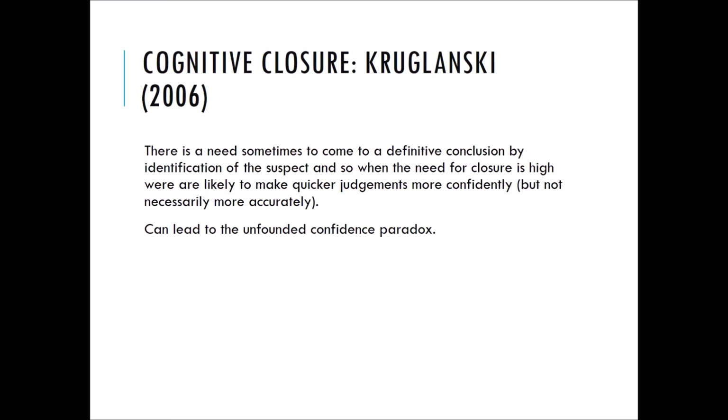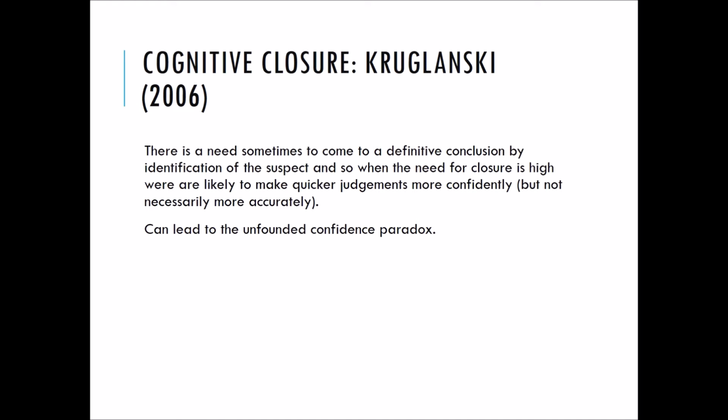So this piece of research essentially looks at the idea that when the need for closure is high, we're more likely to make quicker judgments more confidently. So we're more likely to say, yes, these fingerprints at the crime scene are a match for this set of fingerprints right here, and we're likely to do that with more confidence. But that doesn't necessarily mean that it's more accurate, because actually if the need for closure was lower, then the number of possibilities that you would consider are actually larger, and therefore you may think about it more.